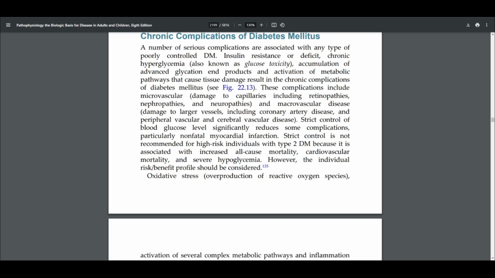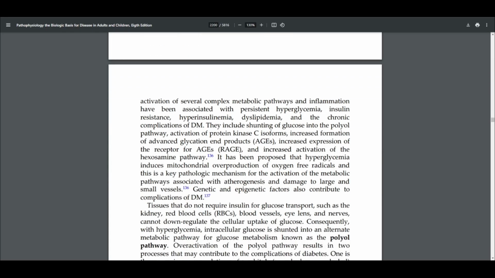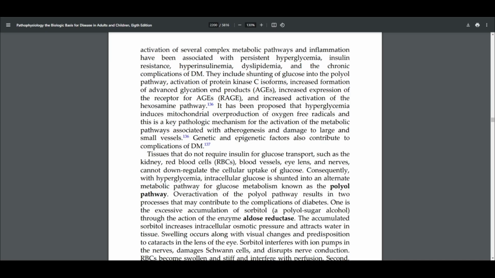Oxidative stress, the overproduction of reactive oxygen species, activation of several complex metabolic pathways, and inflammation have been associated with persistent hyperglycemia, insulin resistance, hyperinsulinemia, dyslipidemia, and chronic complications of diabetes. They include shunting of glucose into the polyol pathway, activation of protein kinase C isoforms, increased formation of advanced glycation end products, increased expression of the receptor for AGE, or RAGE, and increased activation of the hexosamine pathway.